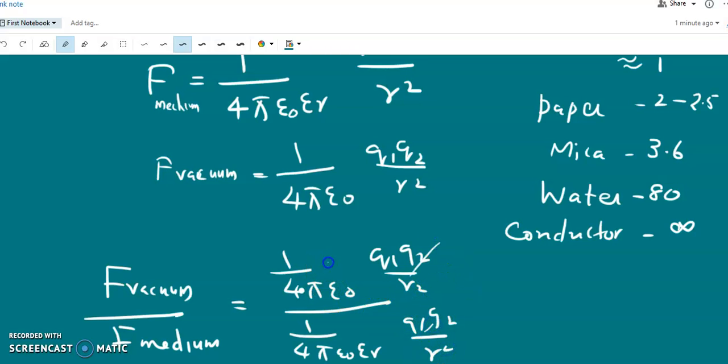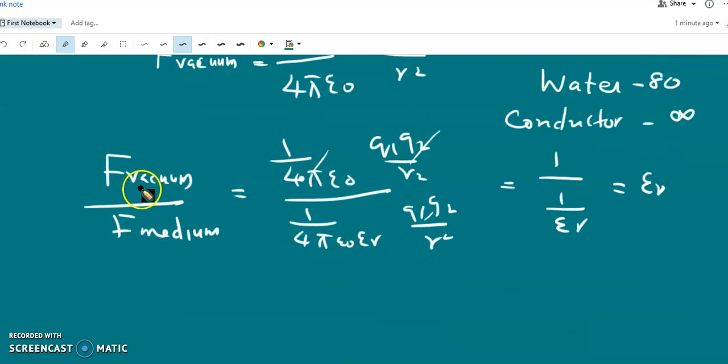So those terms will cancel and we have 1 divided by 1 by epsilon r, which is epsilon r itself. So the force in vacuum is epsilon r times greater than the force in medium.